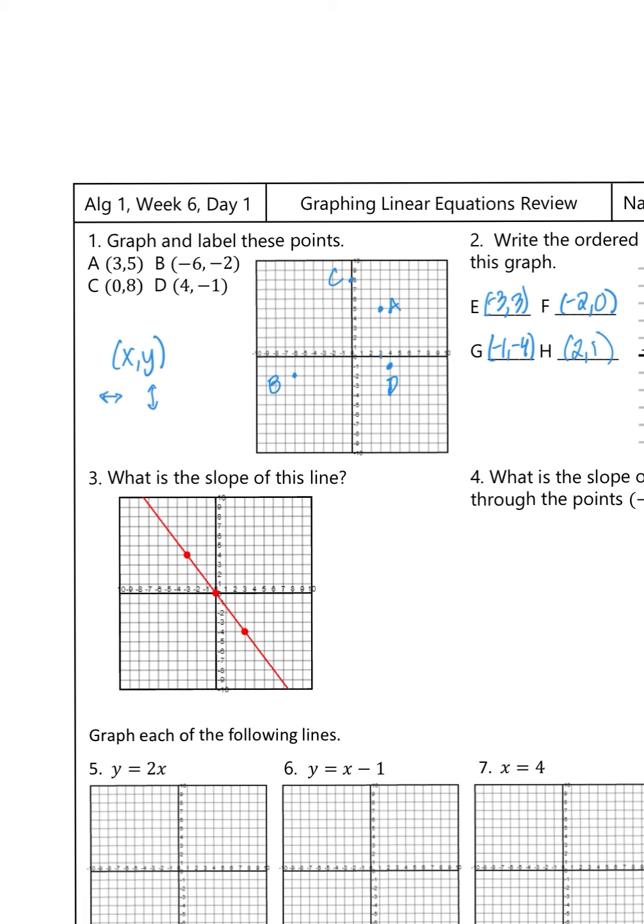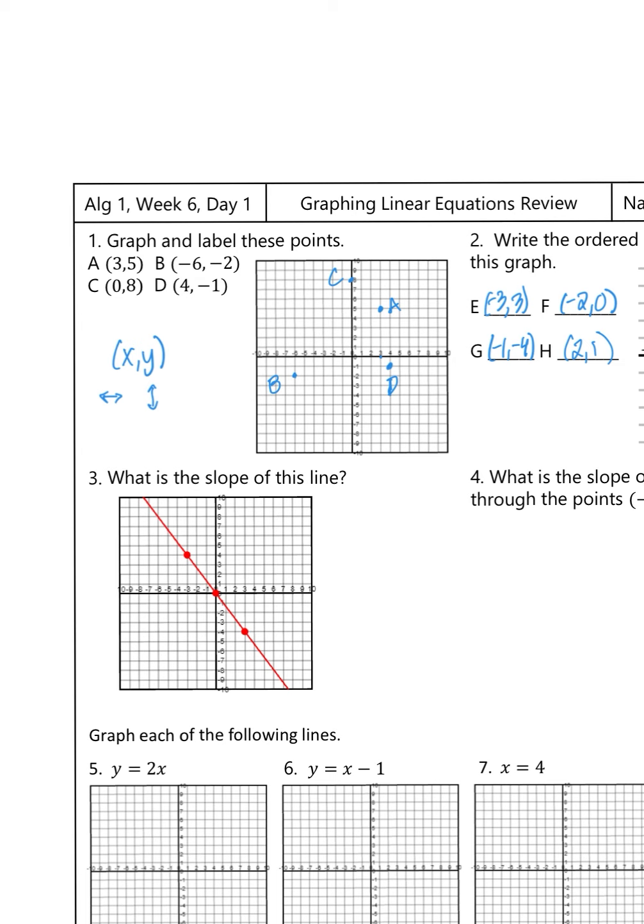There are other points we could possibly use. We just want to make sure that we're using points that actually meet in the crosshairs of our grid marks. So trying to pick like this point right here, it would be some sort of decimal or fraction, so that's not a great idea. But I've marked points that really are points.